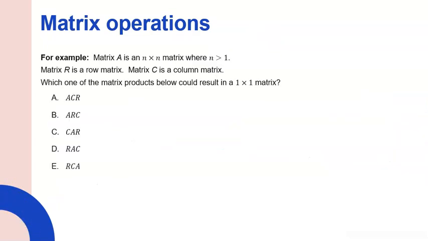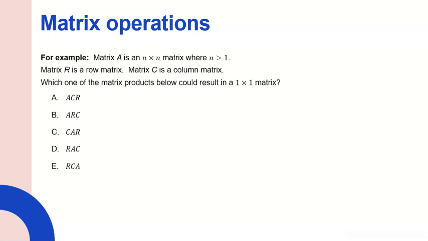This final example is one that I tend to say looks really complicated, but with the right strategy can actually not be too inaccessible. So don't be put off by all the letters. Let's just work it through and we'll talk about a way of approaching it. So matrix A is an n times n matrix where n is greater than 1. So that's just basically saying it's a square matrix where it has more than 1 row and column.